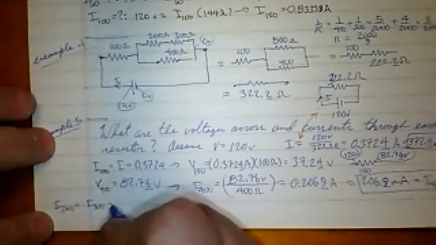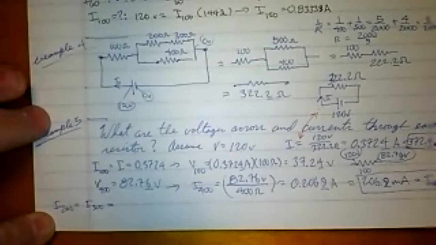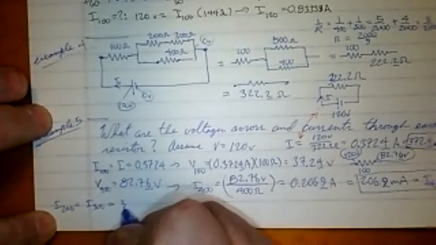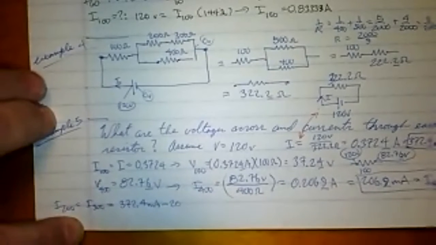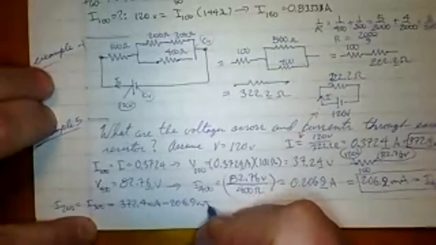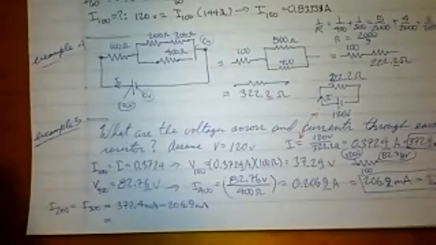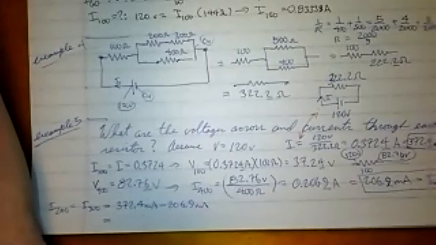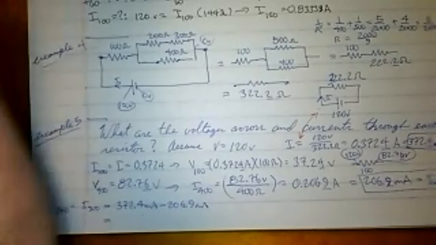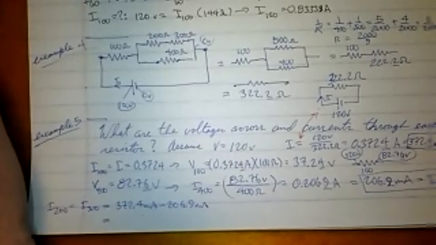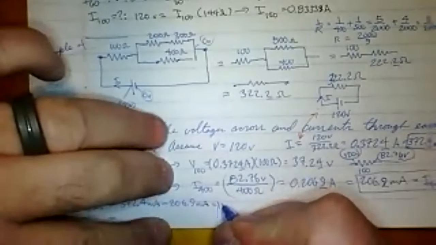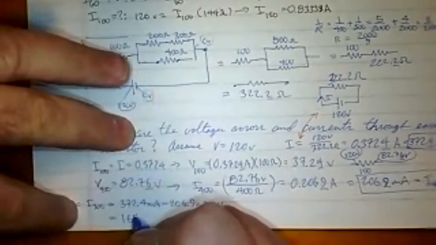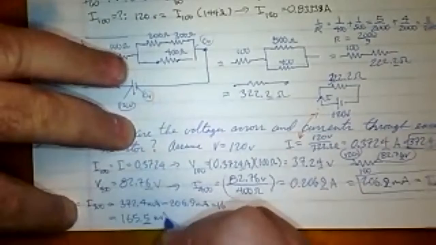But I know they're also equal to the total, which was 372.4 milliamps minus 206.9 milliamps. So that's going to give me 372.4 minus 206.9 equals 165.5 milliamps.